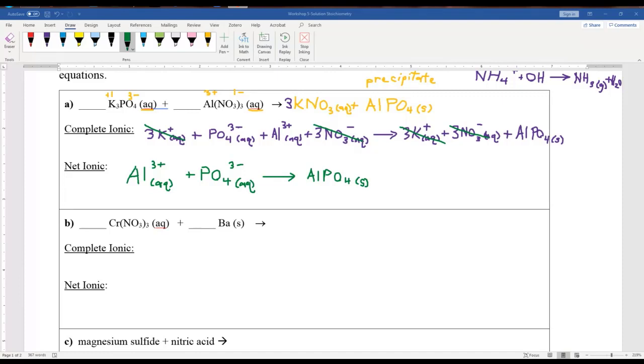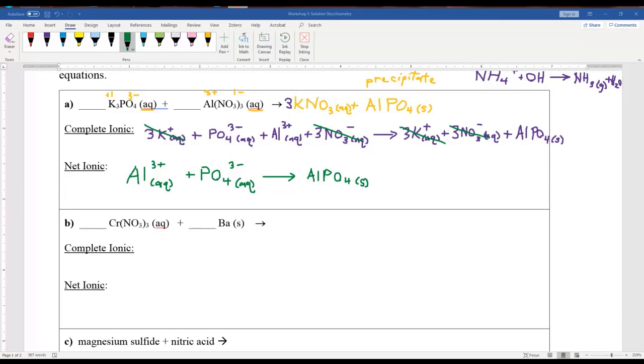I'm looking at the solubility chart too. That's a good idea. What do you think, Ethan? Do you have an idea of what type of reaction this might be? I'm inclined to believe it's single replacement. Very good. This is definitely a single replacement reaction.